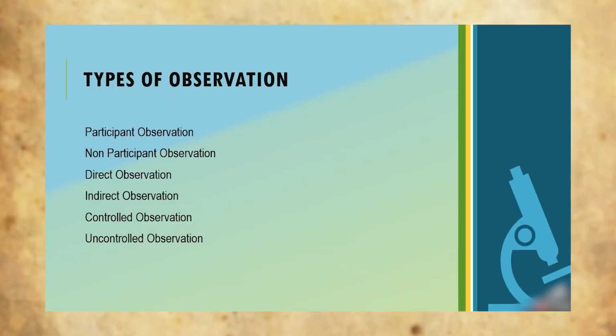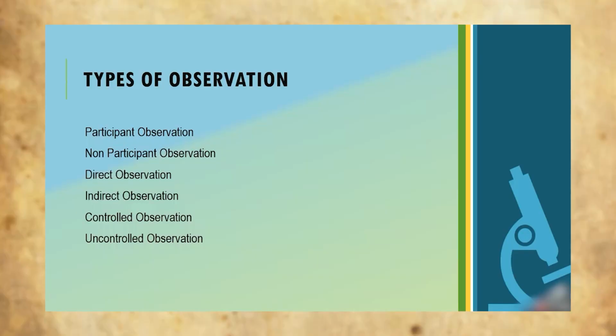Second is the non-participant observation. In non-participant observation, the researcher is not a part of that community, but rather an outsider who observes the incident or the issue from a certain distance to make some assumptions. The third type of observation is direct observation, where the researcher gets a chance to observe certain things, certain phenomena, certain occurrences directly from the field.